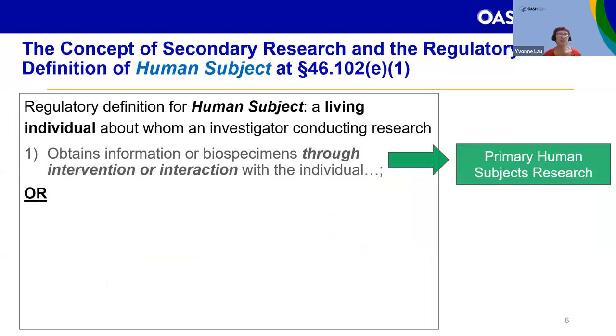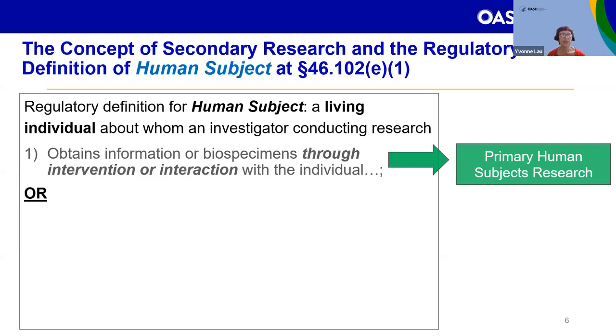So the concept of secondary research actually comes from the definition of human subject at 46.102(e) in the Common Rule. The term secondary research is not defined, but the term human subject is.